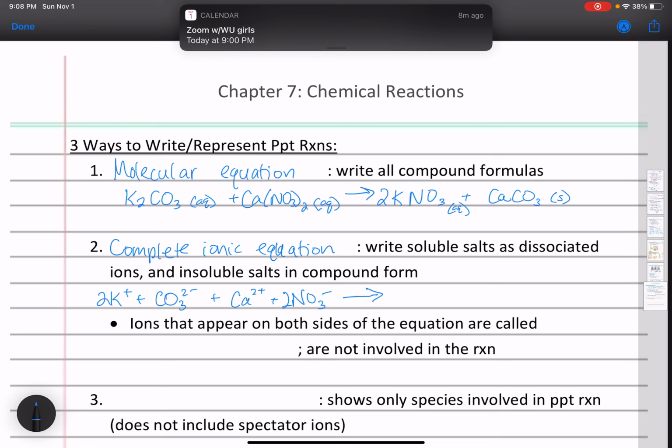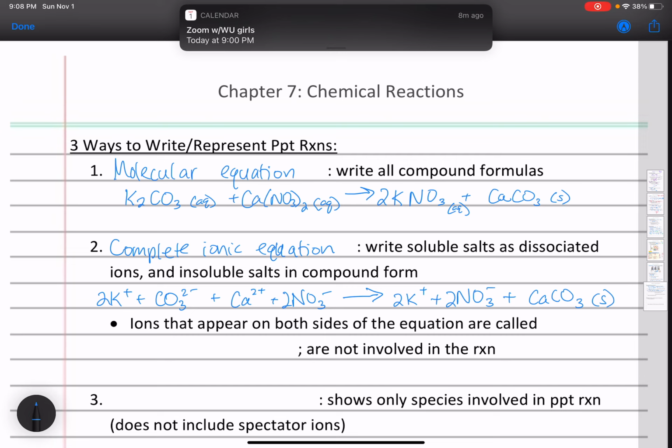On the product side, the potassium nitrate dissociates into 2 potassium ions and 2 nitrate ions, because there's 2 potassium nitrates, so we multiply both of those ions by 2. Lastly, our calcium carbonate does not dissociate because it is not soluble. It is our precipitate. All of these ions should be written in the aqueous form, and they should include their charges as well.